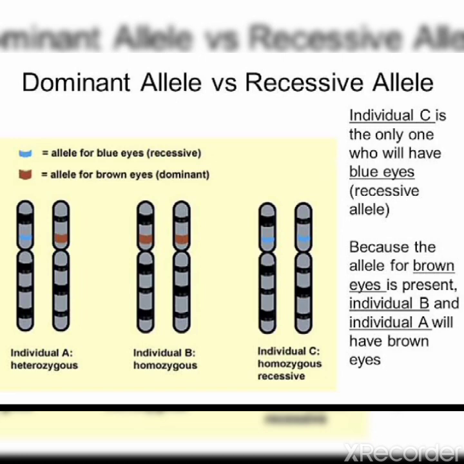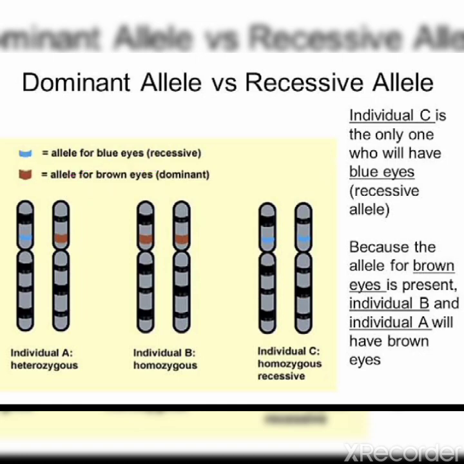In this, it is showing three individuals: individual A, individual B, individual C. In this, blue color is showing allele for blue eyes, and this allele is recessive, and brown color is showing allele for brown eyes, which is dominant. Brown one is dominant and blue one is recessive.